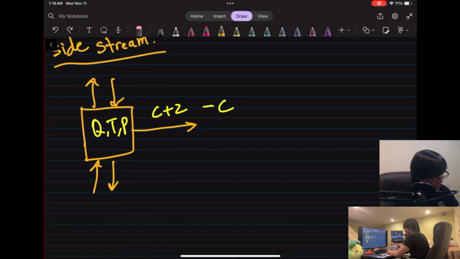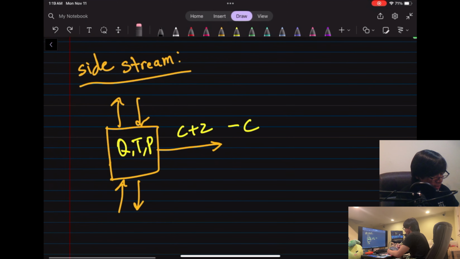And we also know that this is an outlet stream. So the temperature and pressure, again to be consistent, is the same as our system. So that's another 2 unknowns gone.